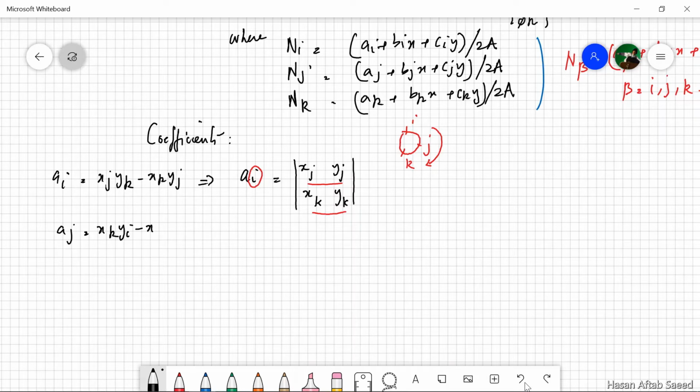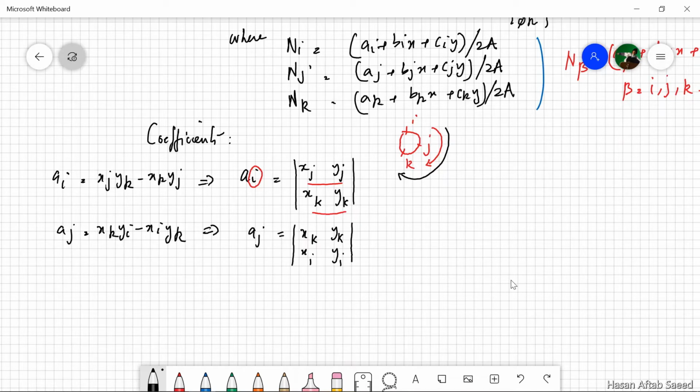For example, this was the value of aj, and we get this by a similar determinant, x column, y column. Now here it is j, so we should write k as the subscript, then i, because we have to go like this always.